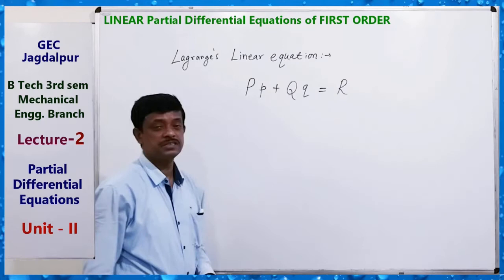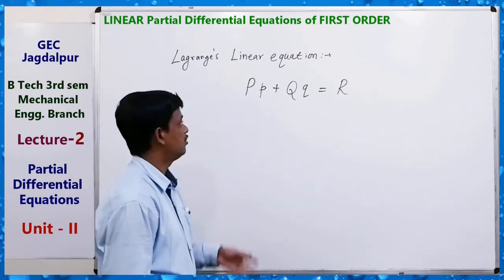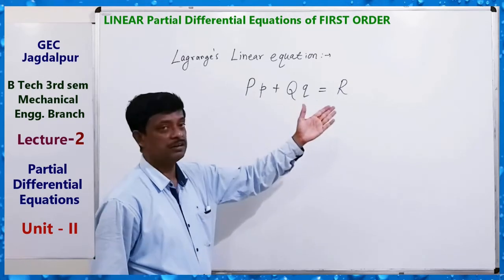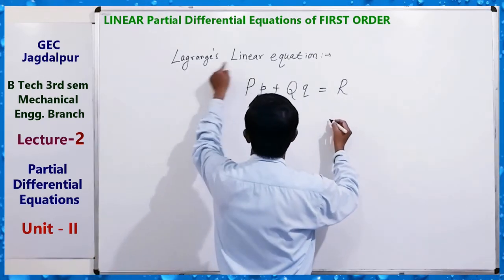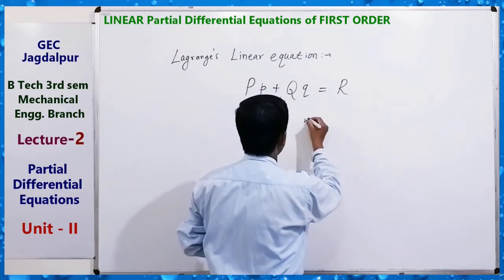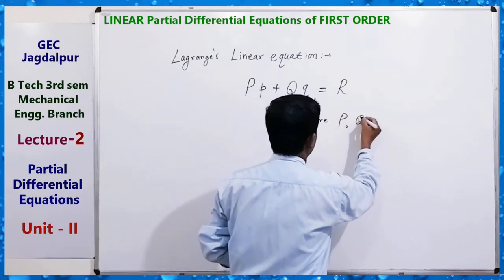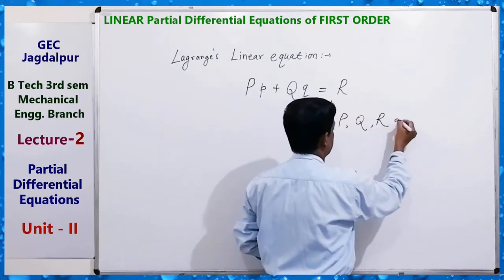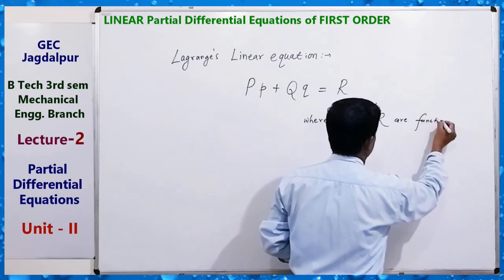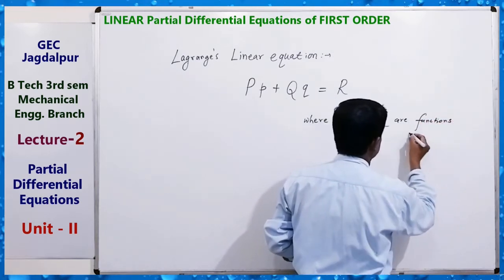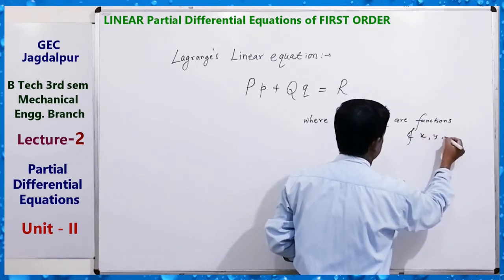Linear equation means the degree of p and q should be 1, and the other parts P, Q, R may be functions of x, y, z in Lagrange's linear equation.